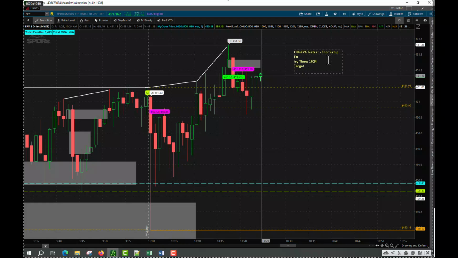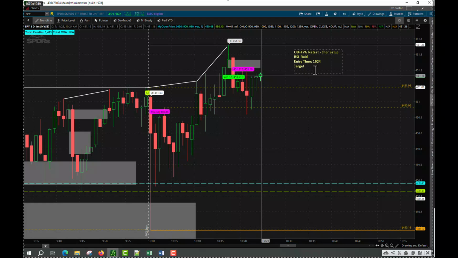Why? Because the buy side looks really great, right?